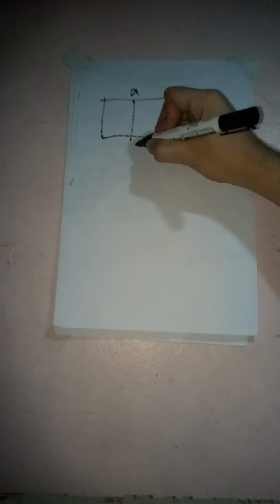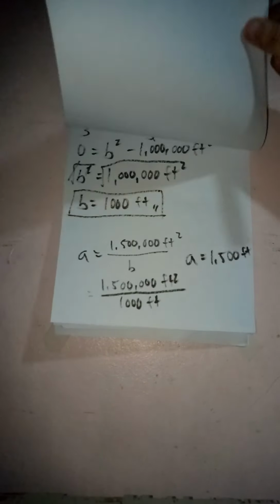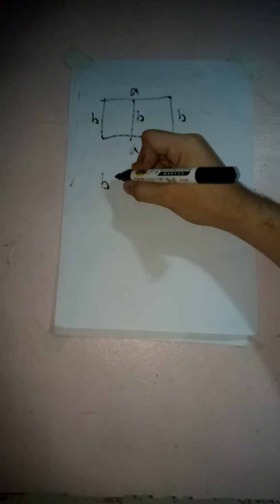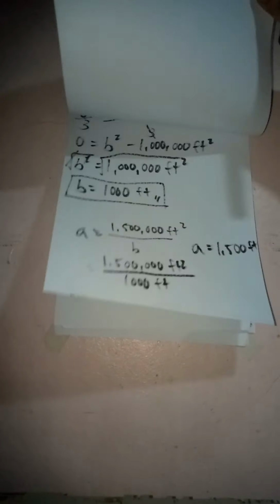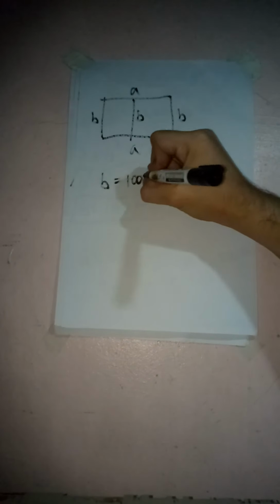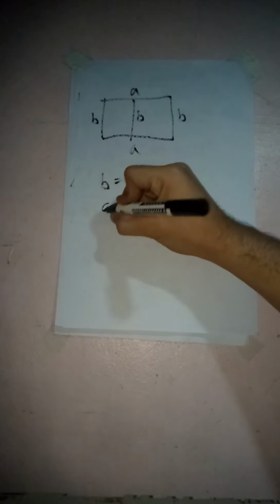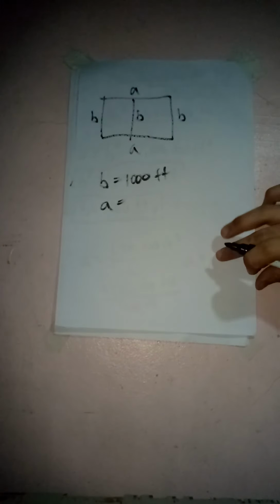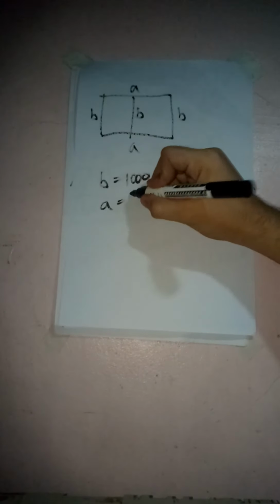This is A, B, B, B. So our B should be 1,000 feet and our A should be 1,500 feet.